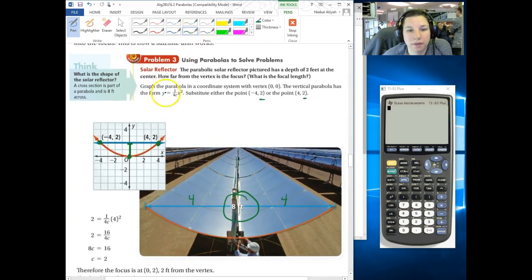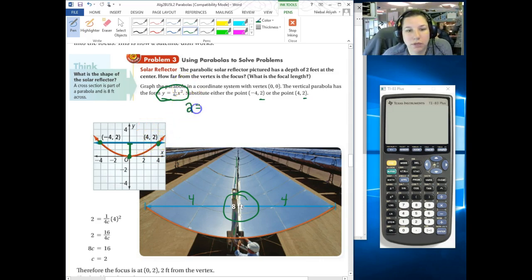They also give you your basic formula, which is also on our formula sheet. So we have y equals 1 over 4c x squared, and I know I can use either of these points for our x and y. Make it easy on yourself and go with the ones that are positive.